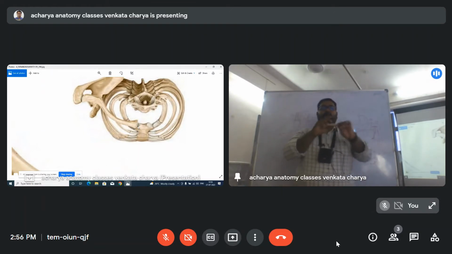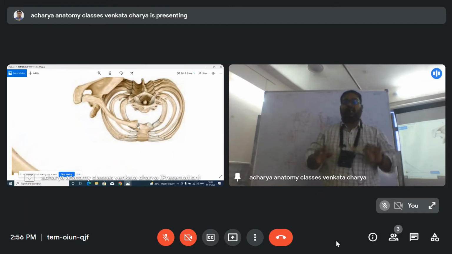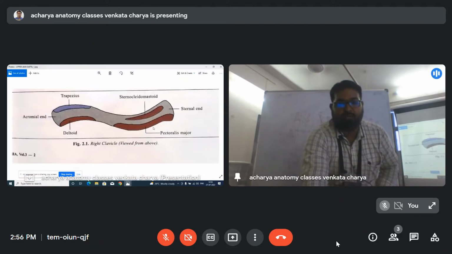Okay. Now we discuss the attachments of the medial two-thirds of the shaft. See here, observe this picture.